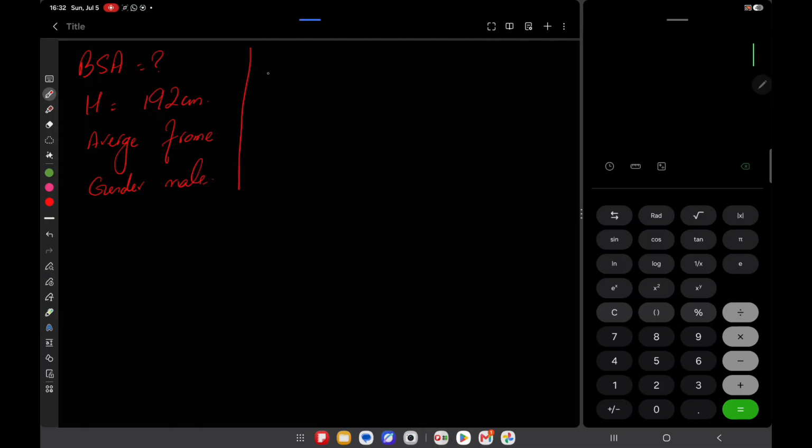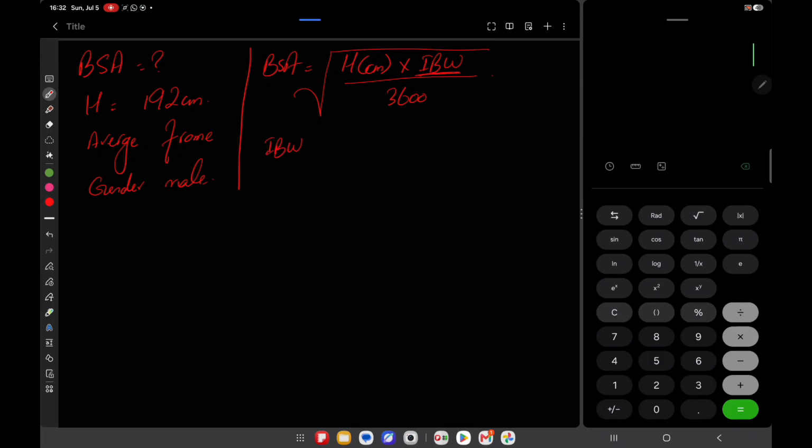So the formula to calculate body surface area is height in centimeters multiplied by ideal body weight divided by 3600, whole under root. So we have to calculate ideal body weight as well.